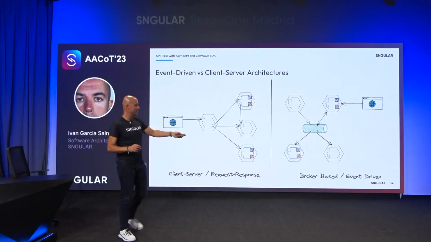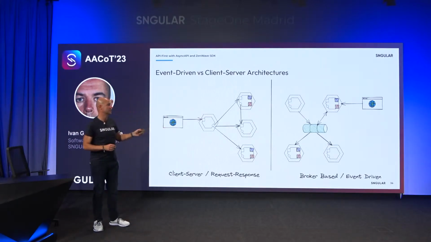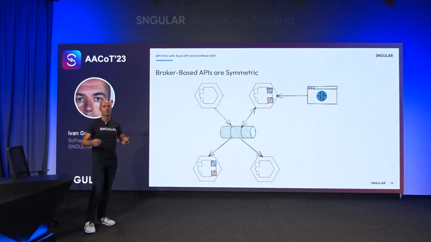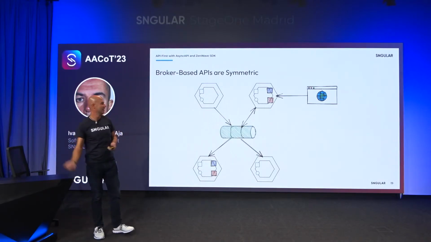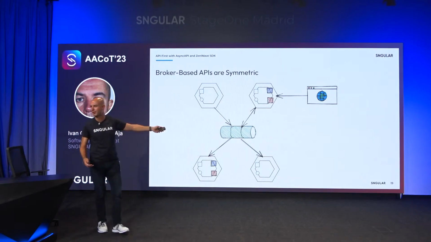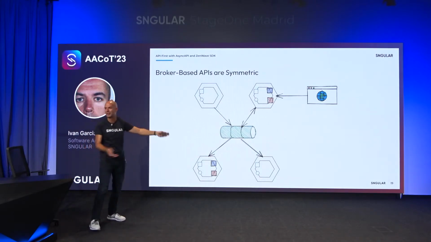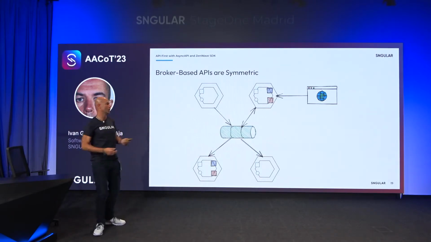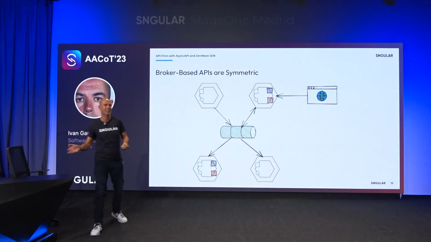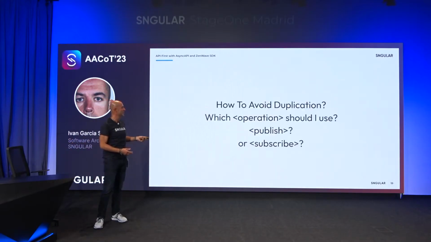And event-driven are broker-based, which is a totally different beast, because which one is the server, which one is the client, which one is what is producing in one side is subscribing in the other side, what is subscribing in the other side is producing in the first side. So this brings a lot of confusion. We already know how much confusion.